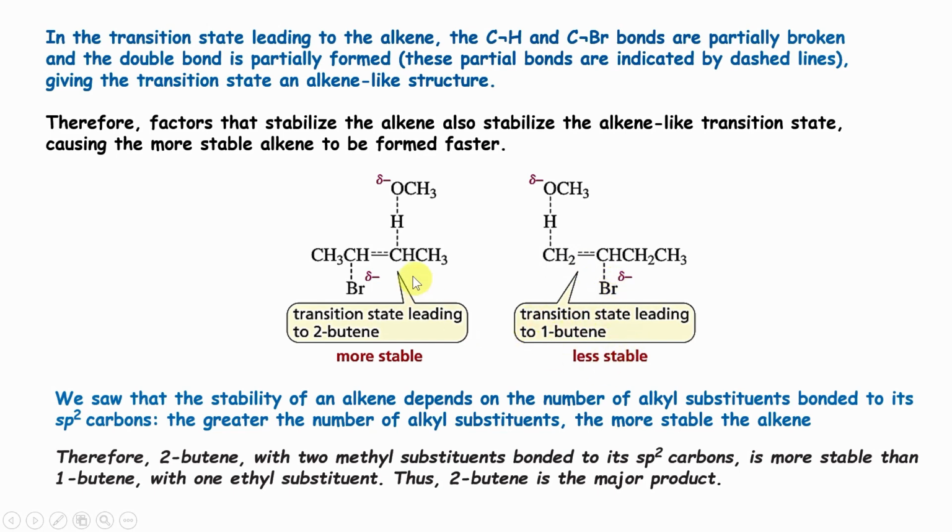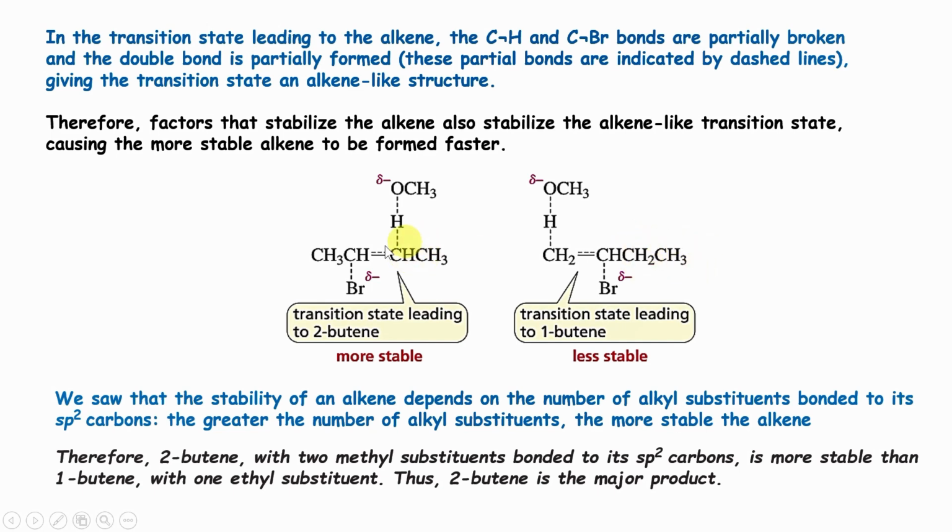It is less stable. You can see there are two methyl groups on either side of the carbon-carbon double bond, with each sp2 carbon atom containing one methyl group in the transition state leading to 2-butene, whereas the sp2 carbon of this transition state has only one alkyl group directly attached, that is an ethyl group, only one ethyl group.